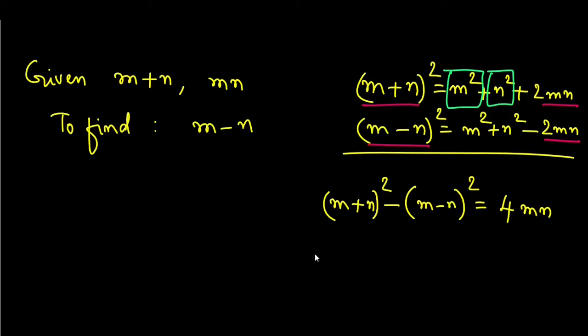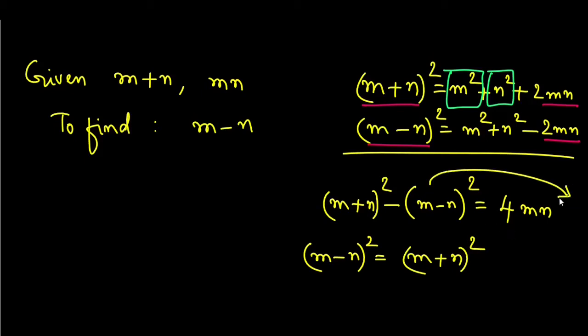Using this, we can write (m - n) whole square is equal to (m + n) whole square, taking 4mn to this side: (m - n) whole square is equal to (m + n) whole square minus 4mn.